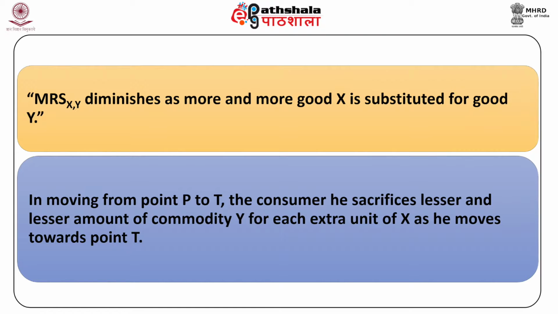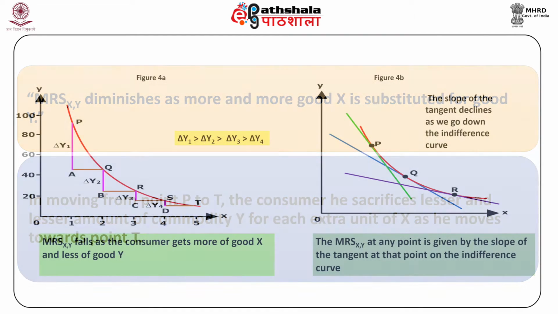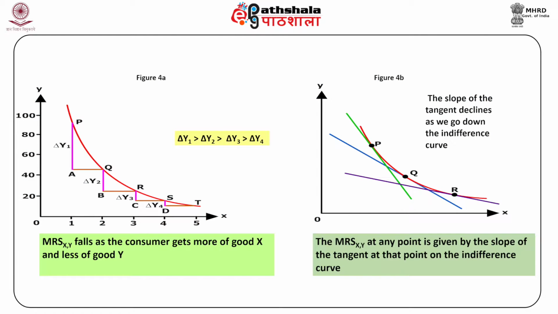substituted for good y. The principle of diminishing marginal rate of substitution is illustrated diagrammatically in figure 4a and figure 4b. Now you can see figure 4a and figure 4b.